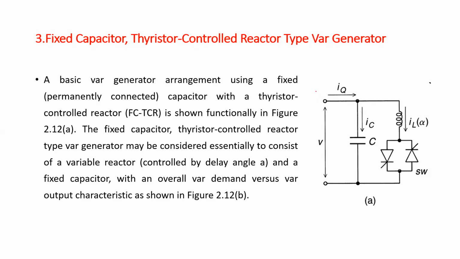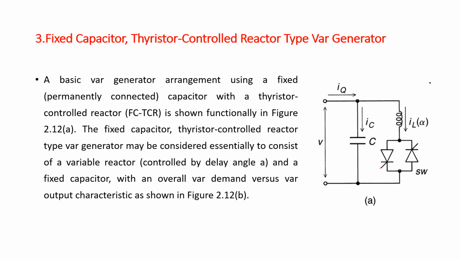So see, this is the system voltage. The capacitor remains connected, so this is the constant value of the capacitor, whereas the current in the reactor is controlled by change in firing angle.